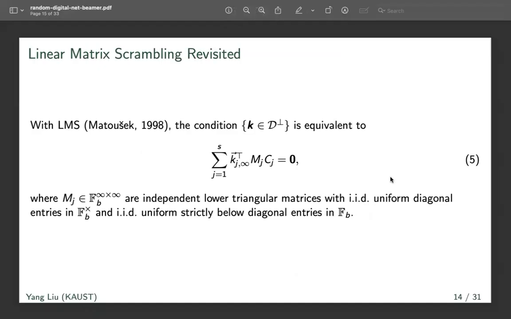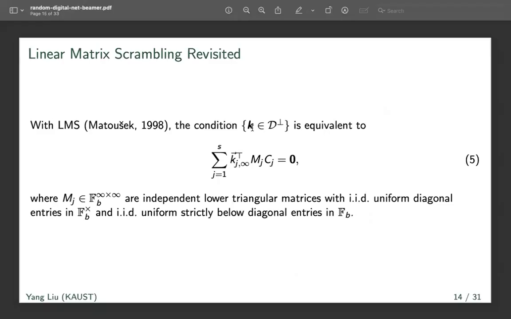So since we studied the probability of this randomized design, the probability of a given k that belongs to this dual net, we also want to revisit this linear matrix scrambling.